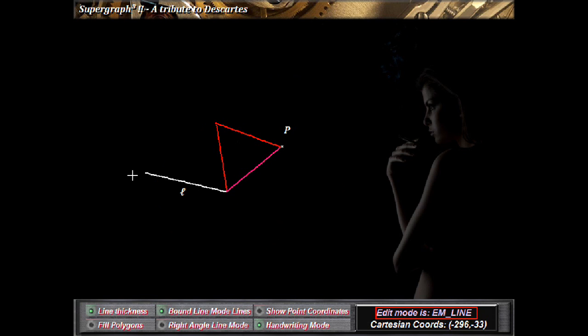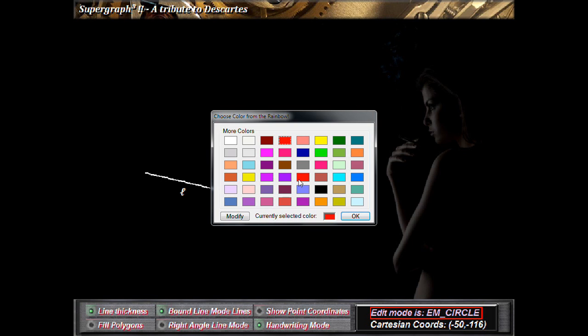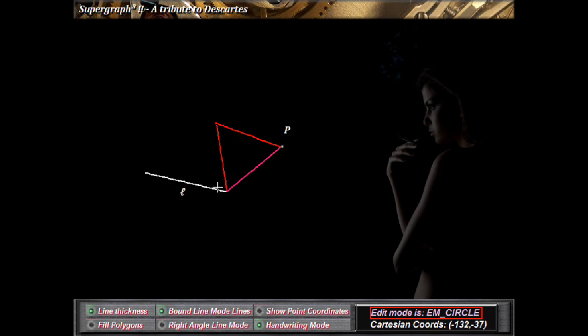Now, what I'm going to do is draw a circle with this radius. So I get out my compass, and I'll choose this color, and I'm going to start from here and draw a circle of this radius. Alright?